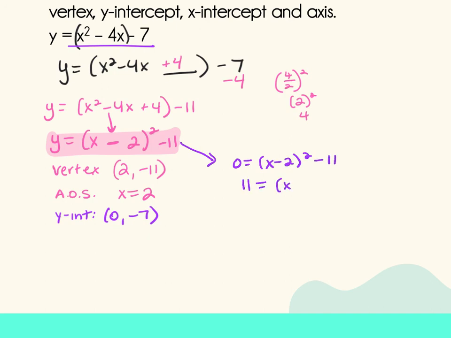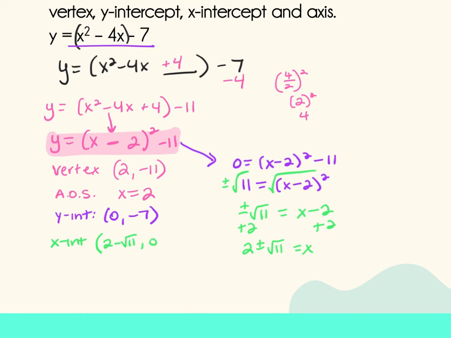Add the 11. Square root both sides, putting a plus and minus in front of that square root of 11. And then add the 2. So 2 plus and minus square root 11 equals x is my x-intercepts. And there's 2 of them, 2 minus square root 11 and 2 plus square root 11.